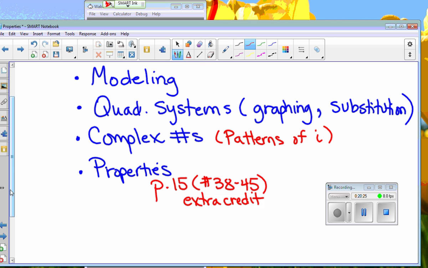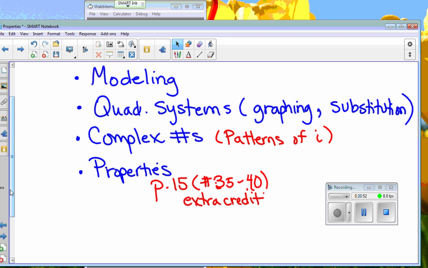Let me just double check on the numbers to make sure it's 38 to 45. But that's going to be something I want you guys to do to practice with the properties. Let me double check. It's 35 to 40, sorry. 35 to 40 are the properties. So I'm officially assigning that as extra credit. 35 to 40.